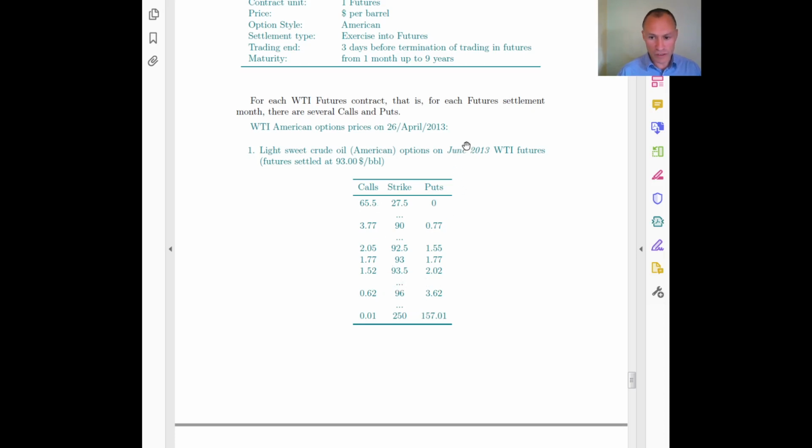So this futures is trading at 93. Let's think of this as the middle price of the table. And then around this price, you can have a bunch of decreasing and increasing strike prices, and for each strike price you can either trade a put or a call. Okay, so for one single futures you have this whole table of calls and puts.